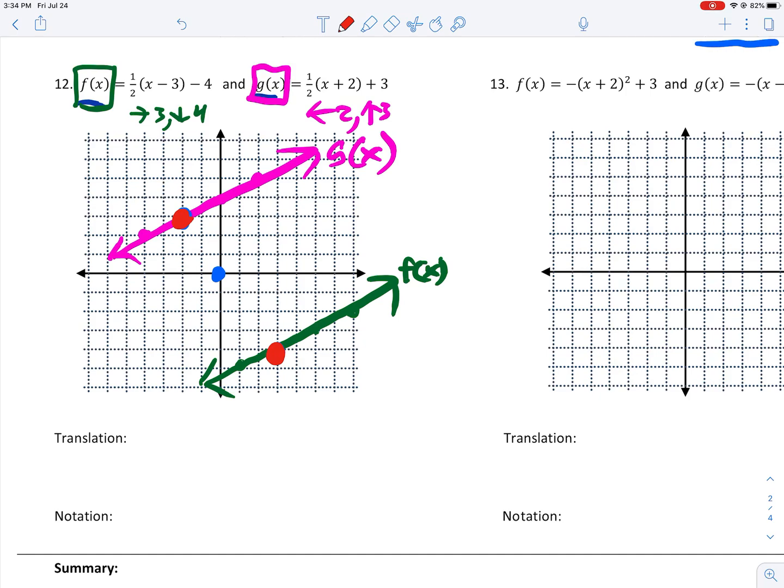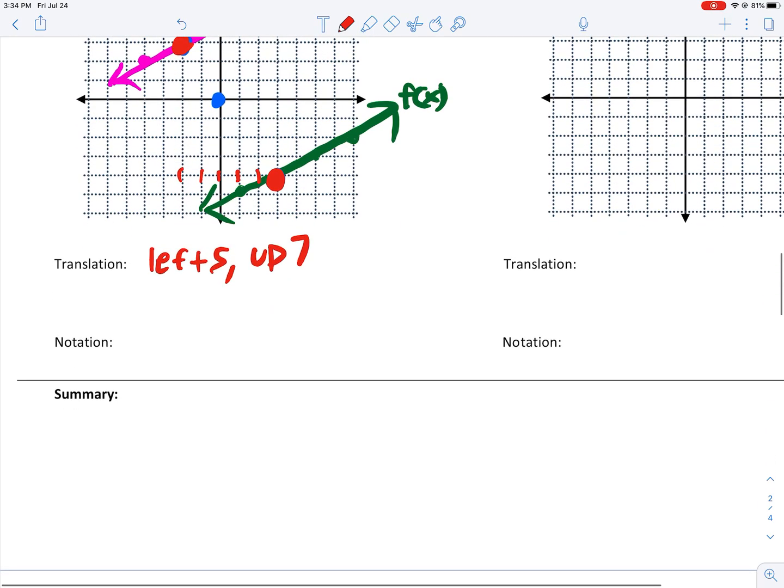Either up or left, doesn't matter. So we're going to go 1, 2, 3, 4, 5 left. So we're going to go left 5, and we're going to go up 1, 2, 3, 4, 5, 6, 7, up 7. All right, left 5 and up 7.